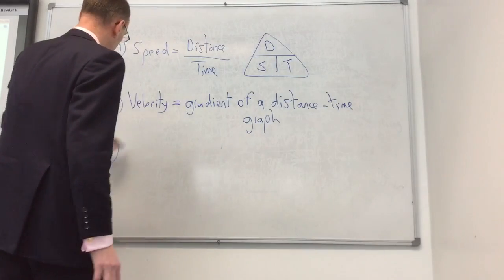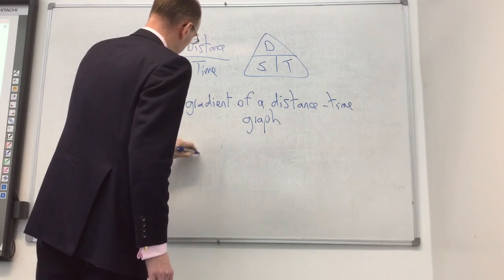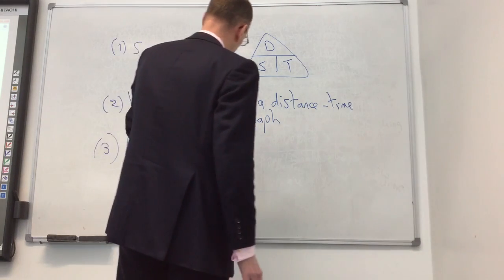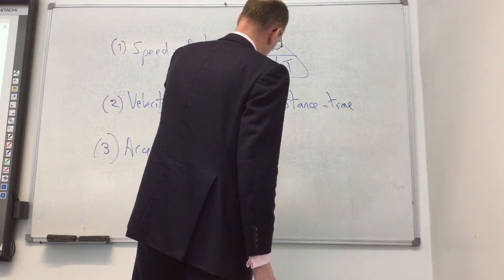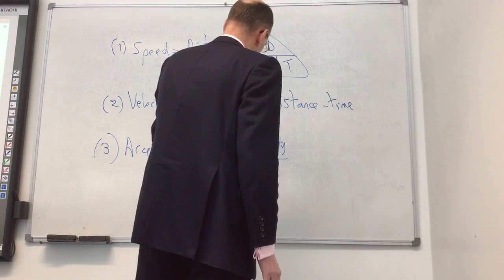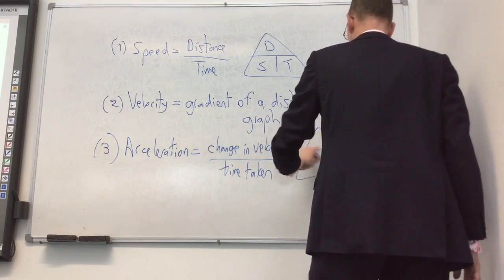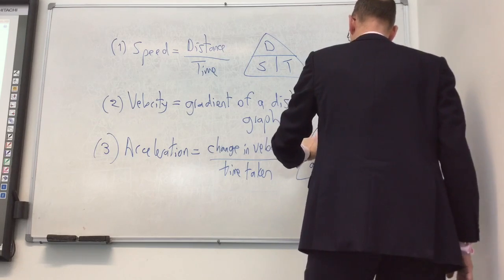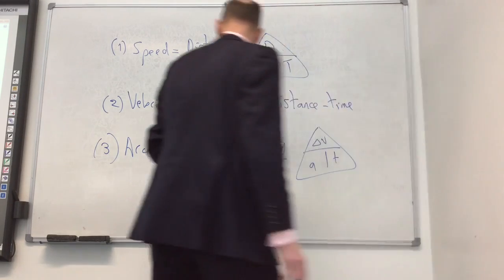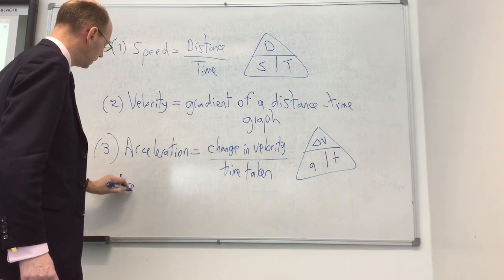Number three, acceleration, which is change in velocity divided by time taken. That can be shown with a triangle like this: change in velocity divided by time taken, and that's equal to the gradient of a velocity time graph.